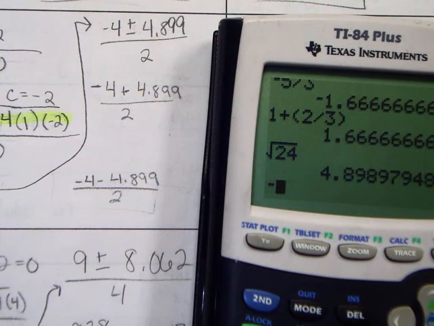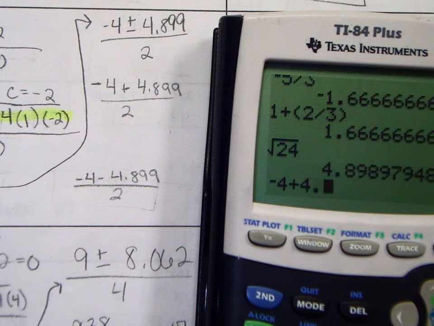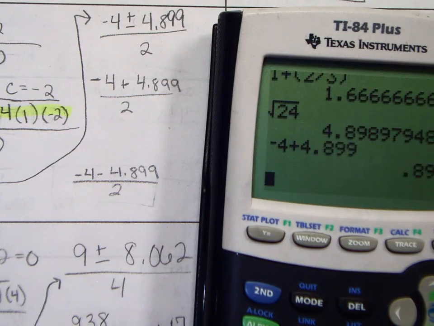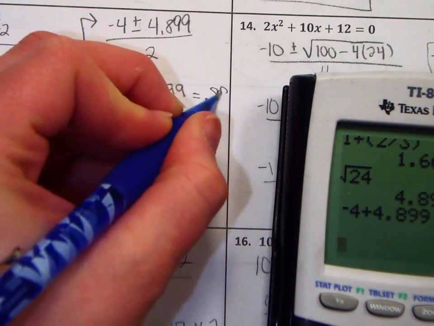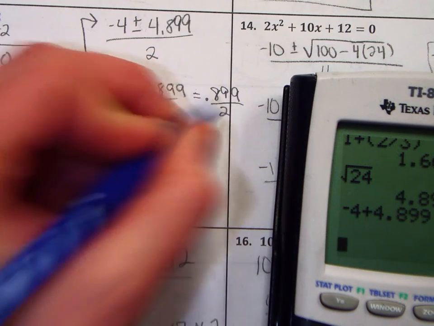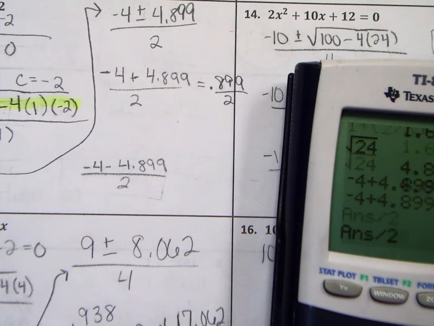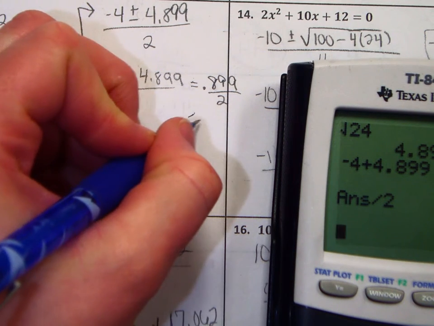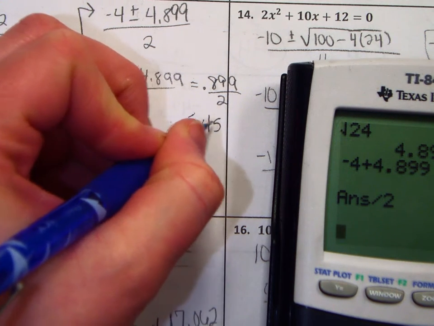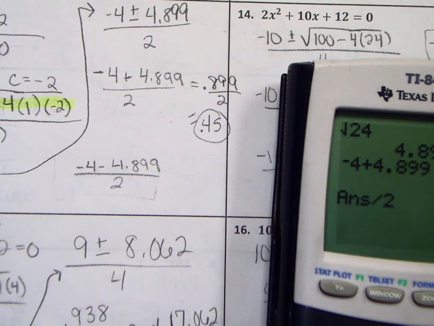So they would do negative 4 plus 4.899, and they get 0.899. And we're going to divide that by 2. Final answer, we do 2 digits, so 0.45. Again, all of this can be done using a basic iPhone or Droid calculator.